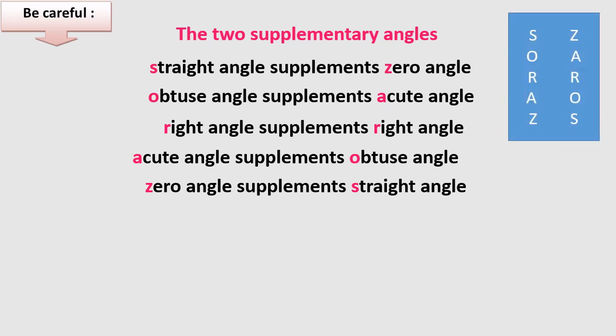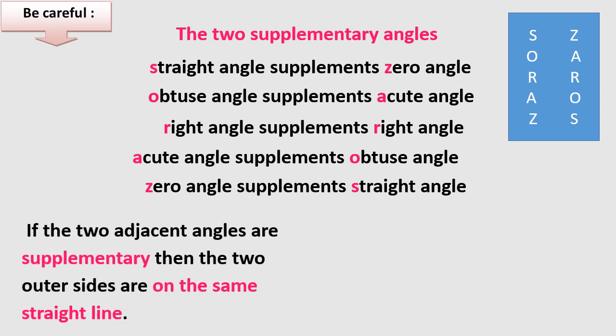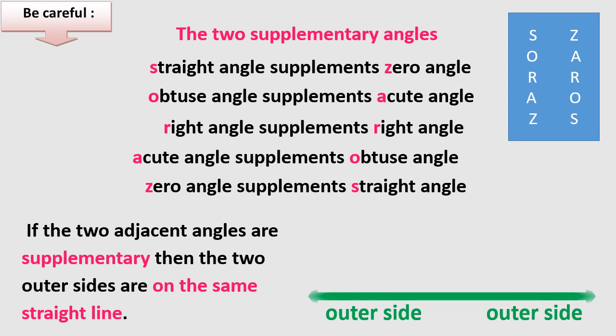Zaros and Soraz. Straight, zero, obtuse, acute, and so on. If the two adjacent angles are supplementary, then the two outer sides are on the same straight line, like this.